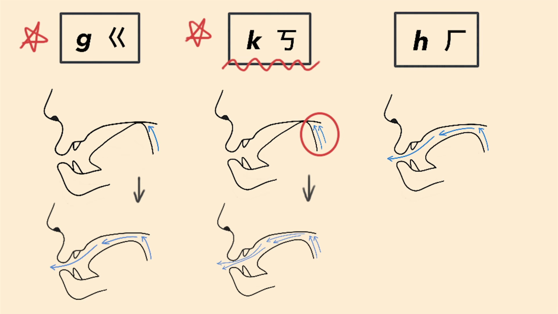And because k is aspirated, while g is not, to pronounce k, the airflow going out of your mouth should be stronger. However, when pronouncing h, you don't have to block the air. You just raise the back of your tongue and let the air go through your mouth to voice out. Okay, let's do some practice.